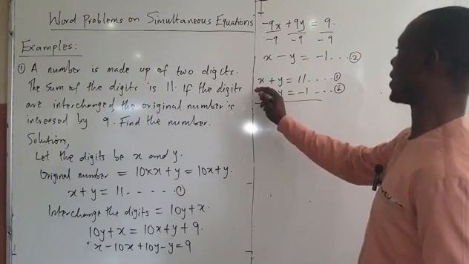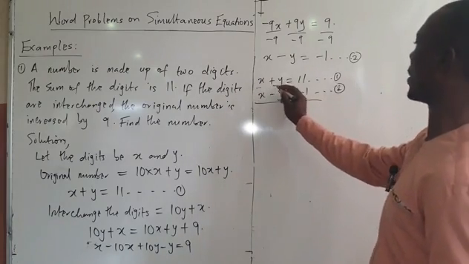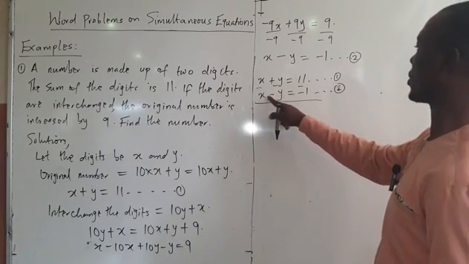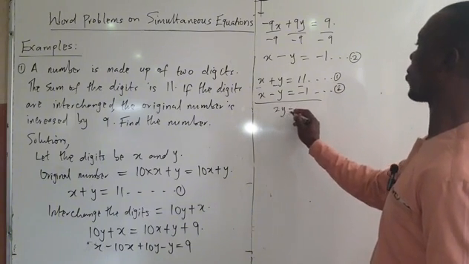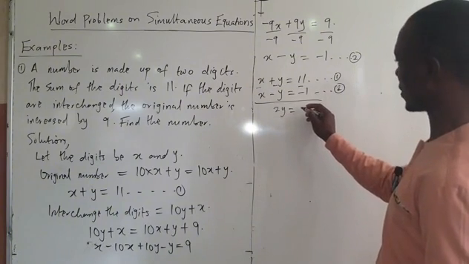Let's try to eliminate x first. So if we eliminate x first, we put minus, then minus, minus. So x minus x becomes 0, minus minus is plus, y plus y, that is 2y, equals 11 plus 1, that is 12.